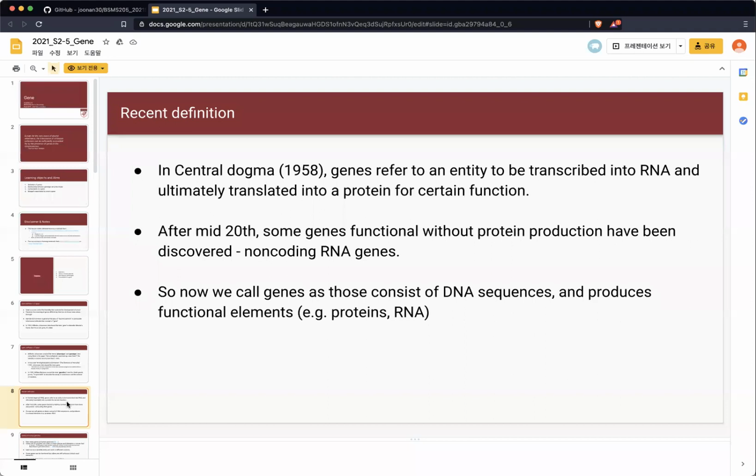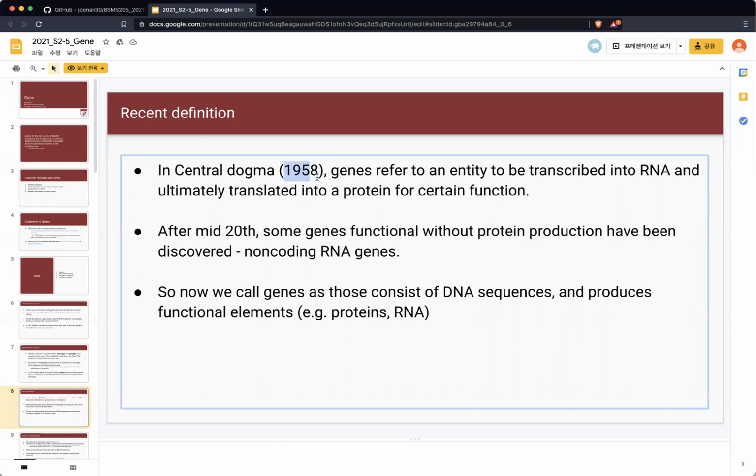Okay, so we also have to think about the more modern context of the term gene, because the perception of the term gene has changed over time. The first was the Mendelian factors and Mendelian inheritance, re-evaluated by Mendelian people in the early 20th century. Then people moved into the central dogma concept in the mid 20th century, and at that time the Mendelian factors were perceived slightly differently by the molecular people.